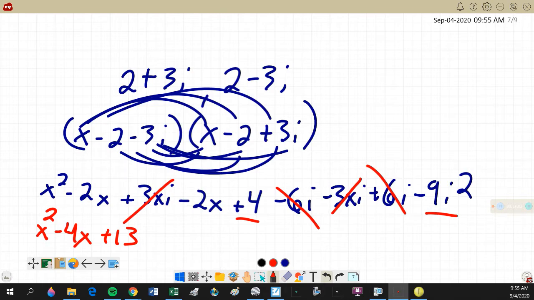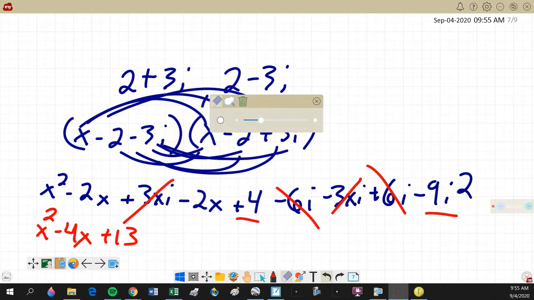Now, because of the conjugate rule, I can skip all of the i's except for one of them. Which i do I have to multiply? The last one, the i squared.